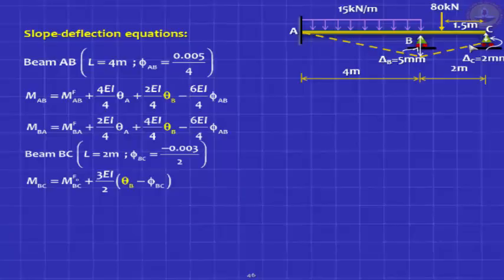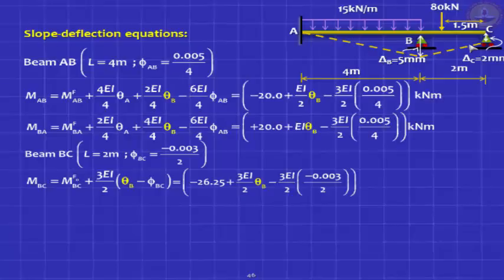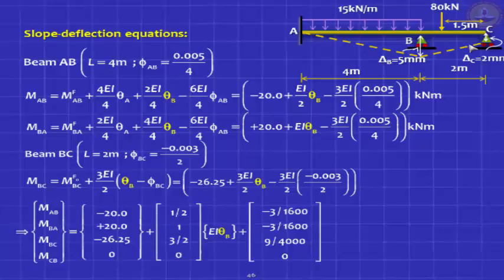That's all. You need only one equation. We are done. You can simplify these and everything is now in terms of the unknown theta B. Go ahead now, write them in this manner. Now what is going to happen is, in addition to your fixed end moments, you have to add these effects caused by settlement.